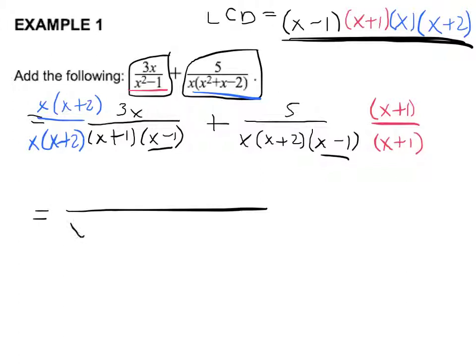So I'm going to move the x out front just because it's the simplest factor, and then x minus 1, x plus 1 times x plus 2.